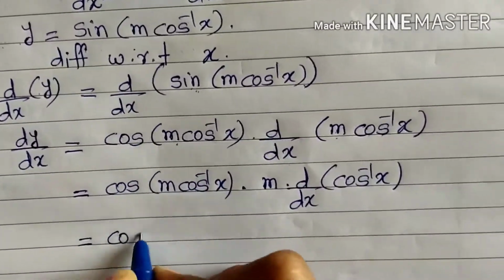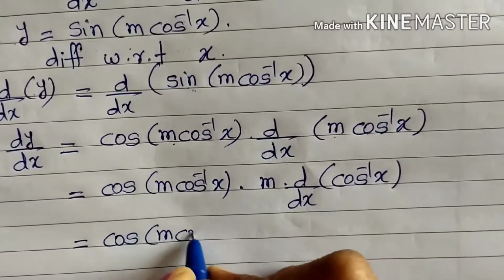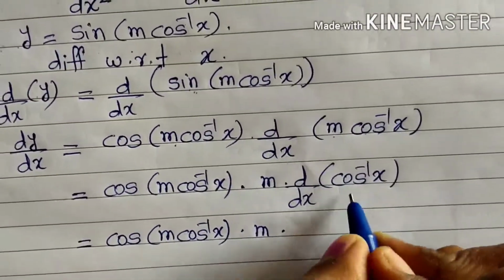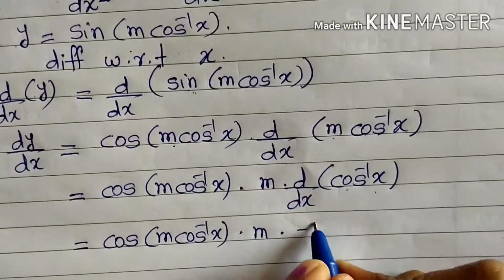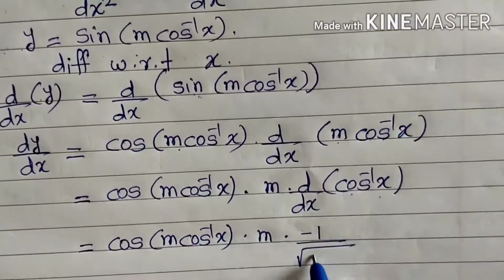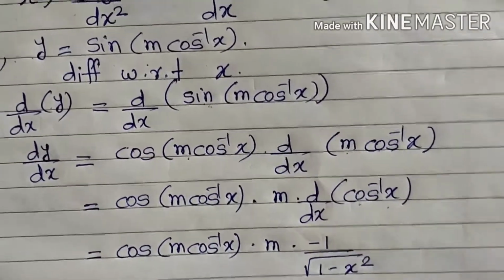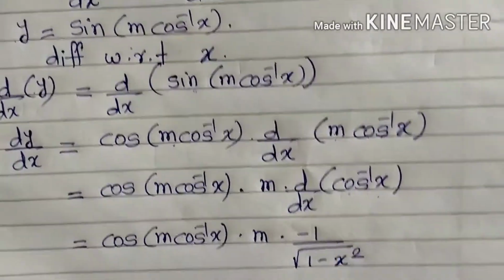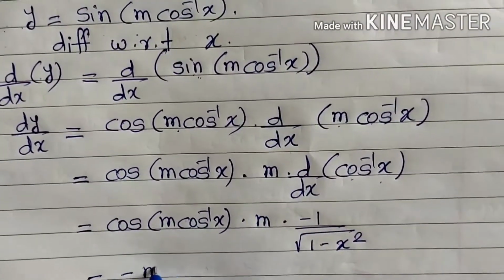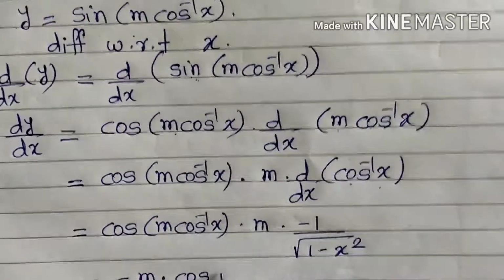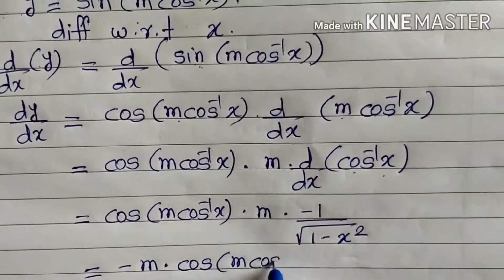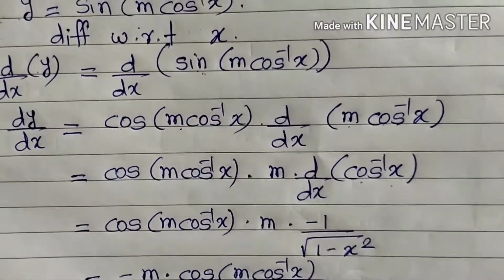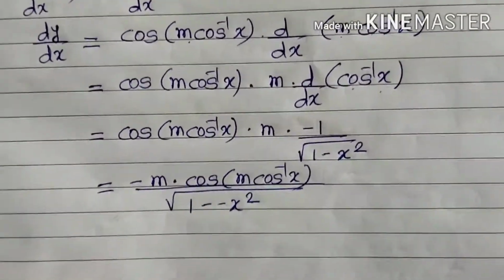So we get cos(m cos inverse x) into m, and the derivative of cos inverse x is minus 1 upon under root of 1 minus x square. So it will become minus m into cos(m cos inverse x) upon under root of 1 minus x square.